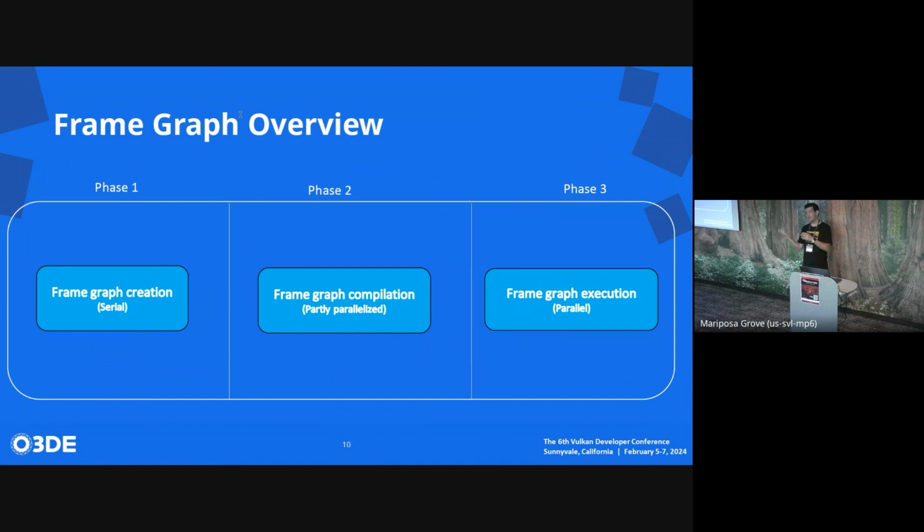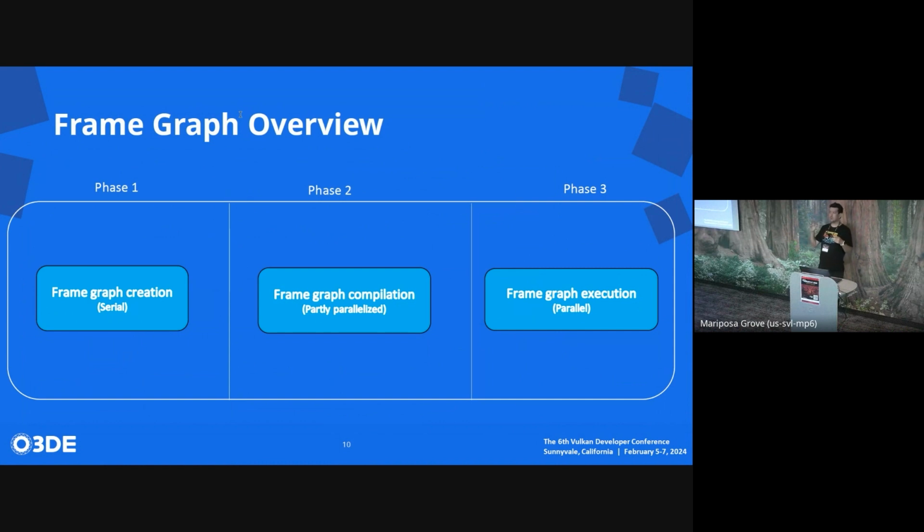And finally, the third phase is the execution, where the passes are going to submit their work, and we're going to grab all those synchronization primitives that we created in the previous stage, and we're also going to submit them to the GPU so everything works properly.